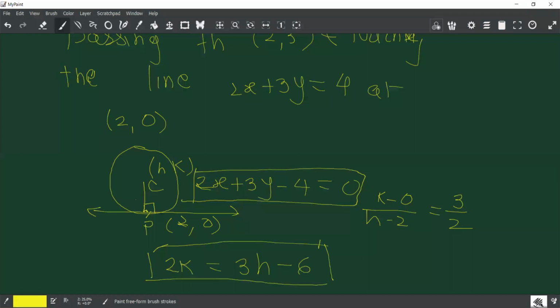You can find it using the distance formula. The point above is 2, 3, right? This is a part of the sum. This point 2, 3 lies on the circle.